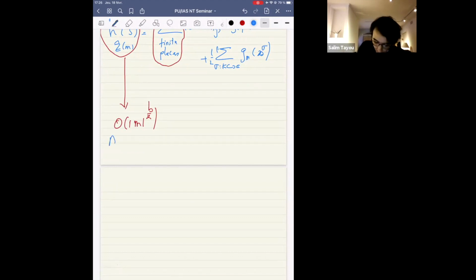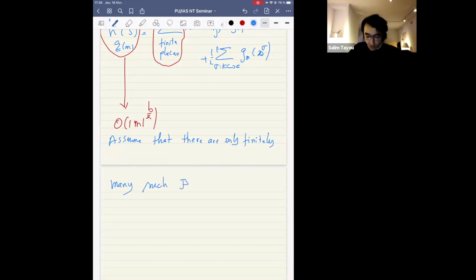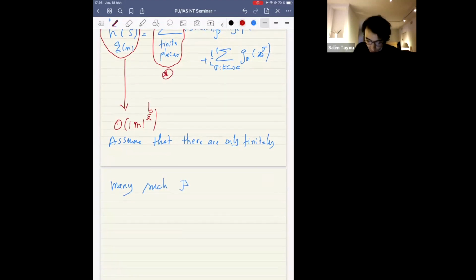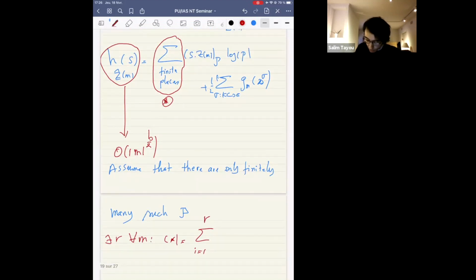So assume, for the sake of contradiction, that there are only finitely many such places, so that there exists an r such that for every m, the sum star is just a finite sum from i equals 1 to r of the contribution at the finite place P_i times log of the norm of P_i.